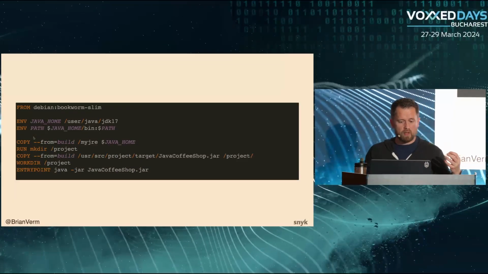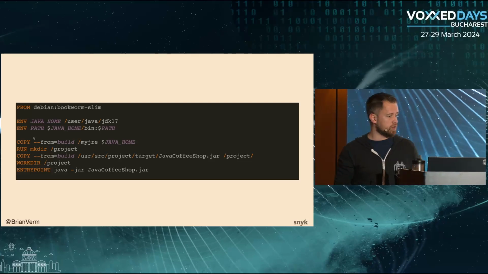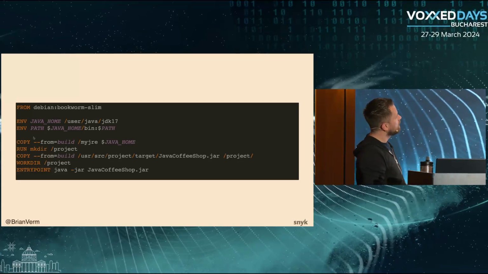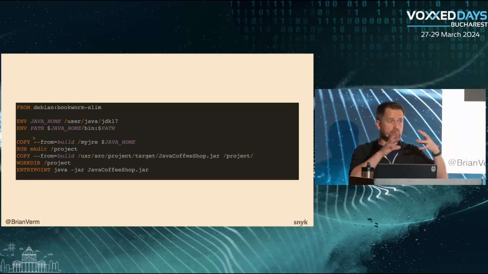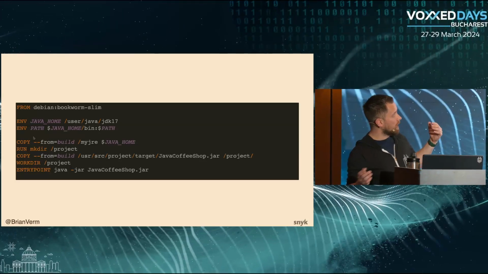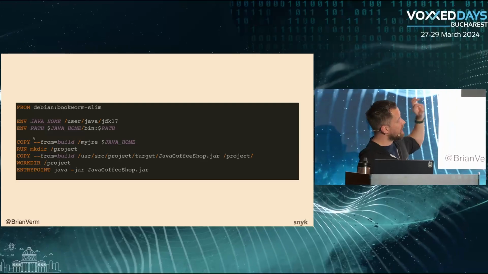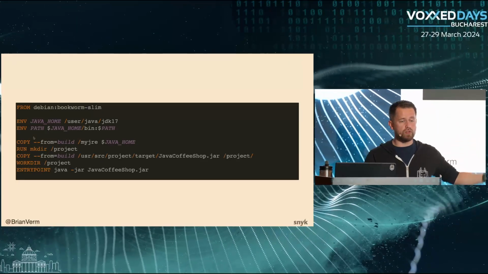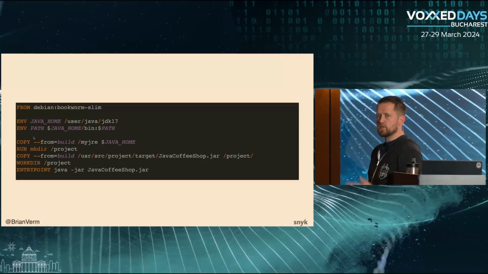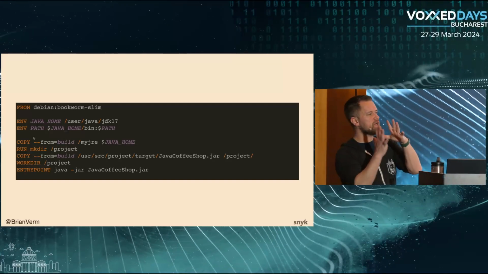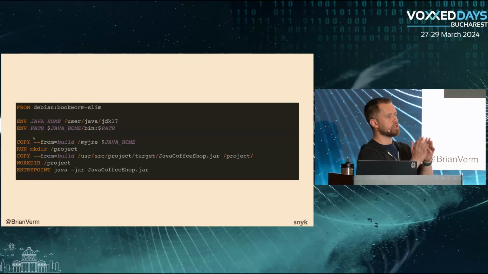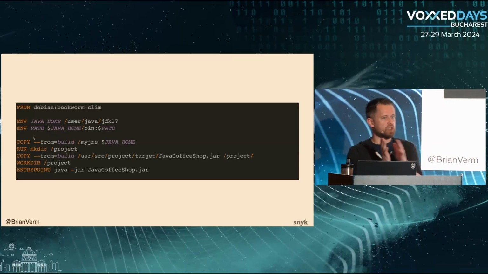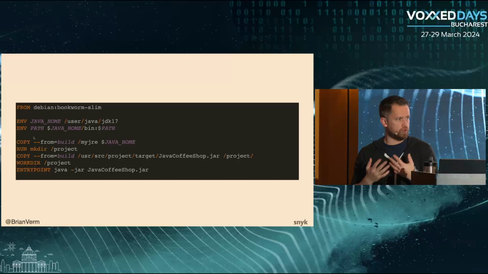Next step, in this case, I decided to use Debian Bookworm Slim. I'm copying my created Java in there, putting my artifact in there, and again doing a java -jar. So in this way, I can slim it down to everything I need and nothing more, which in this case means I'm absolutely certain that I have the slimmest version that I want to use.